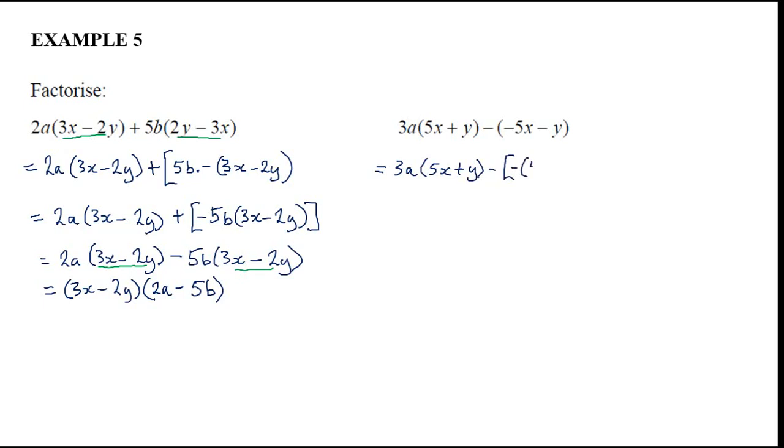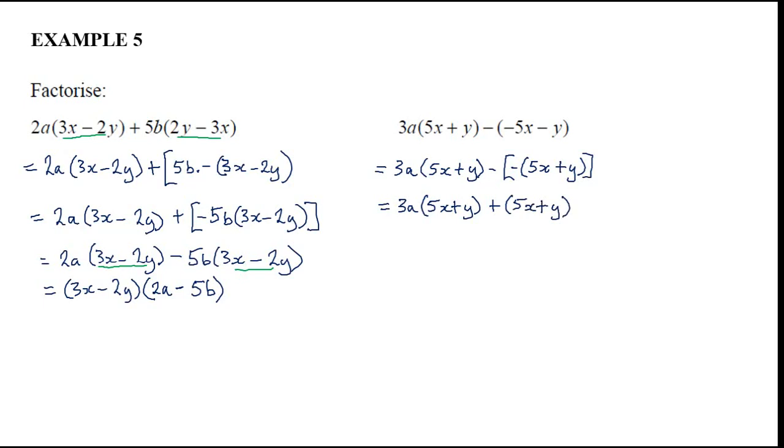Then we have 5x, let's change the sign to the positive, then change the sign, so it becomes 5x plus y. So when you minus a negative, we all know that you end up adding. So it becomes 3a by 5x plus y, then you're going to plus this 5x plus y.